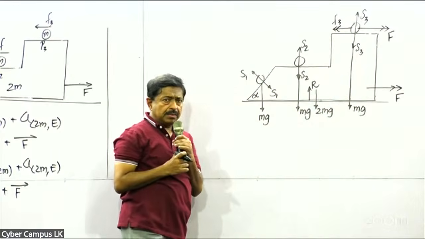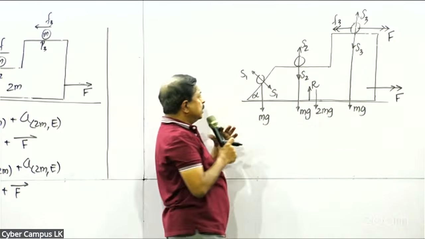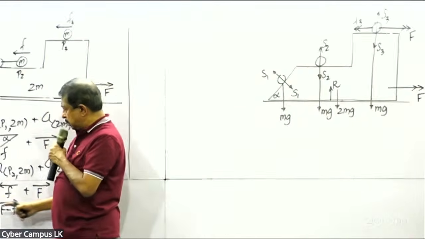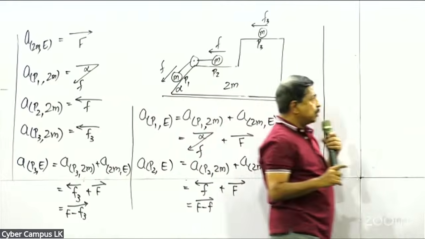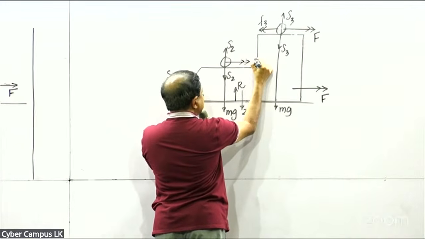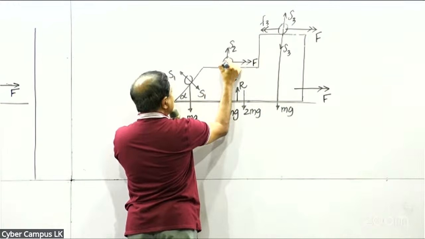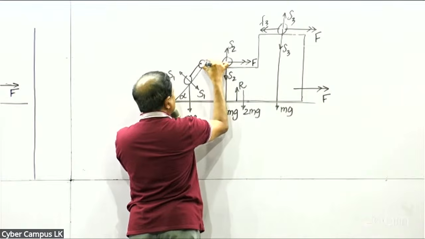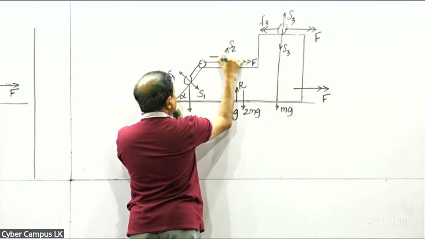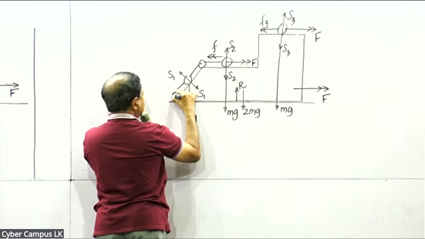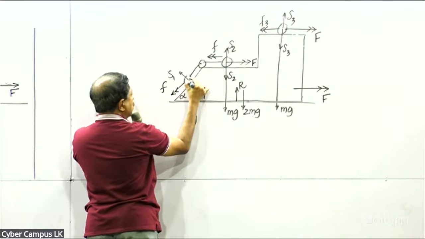Two components there. Here, this also has two components. Now this is on the wedge. Therefore, this is the acceleration of the wedge. And to this side, this is the string. You have F. To this side, you have F.